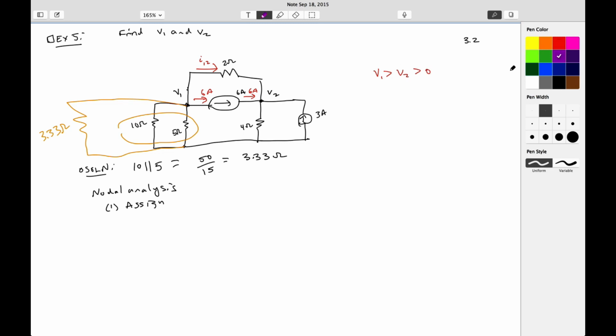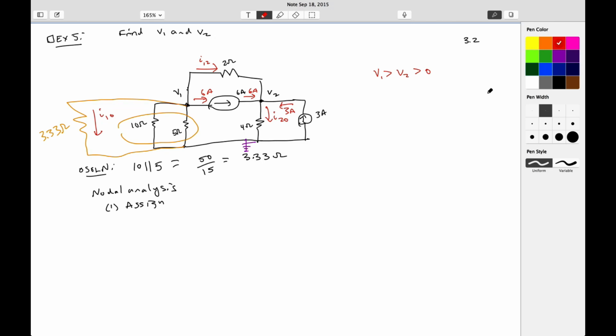I set the bottom to be ground. I know that 3 amps comes in here. And then through this 3.33, I've got I1 to ground. And then from V2 through this 4 ohm resistor, I2 to ground.